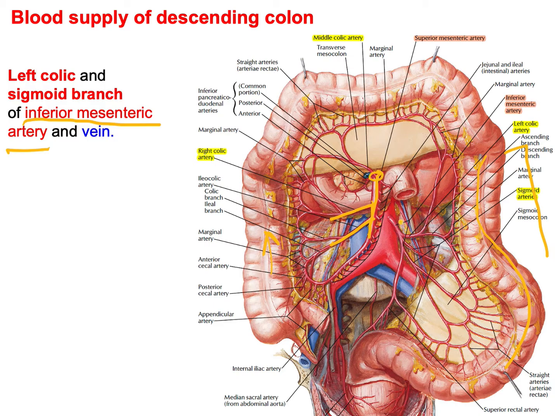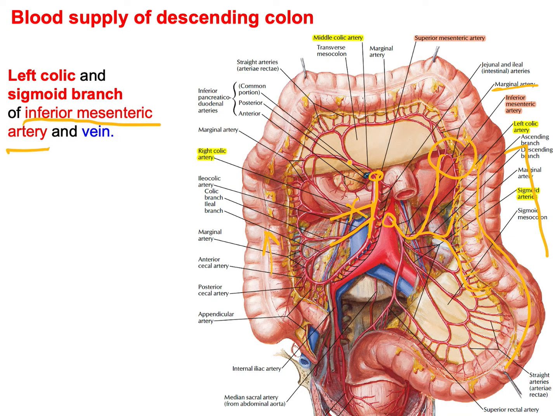This is the superior and this is the inferior mesenteric artery that gives branches. One of them is, not the right colic, no, it's the left colic artery that gives many branches to supply the descending colon. Of course, it makes an anastomosis here as a marginal artery with the middle colic.